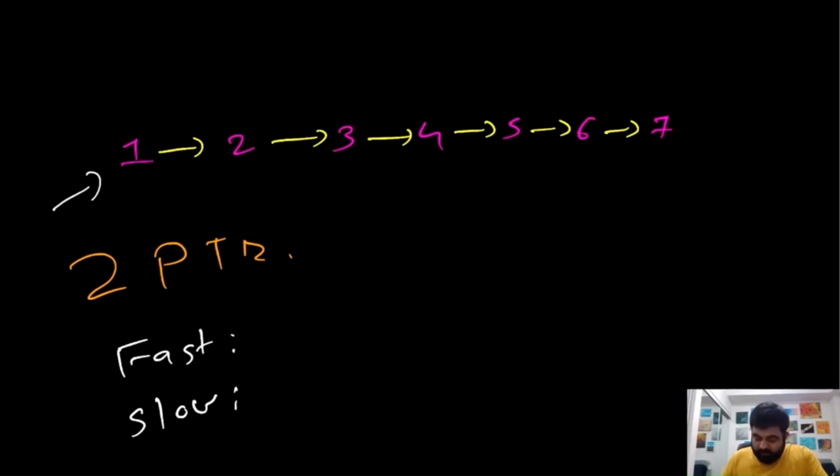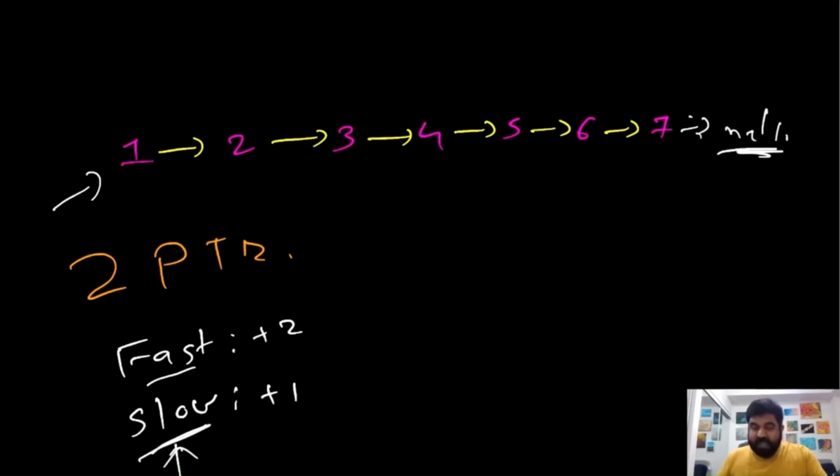So slow is going to do 1 iteration, meanwhile fast is going to jump by 2 steps, and we only need to do this until fast reaches null or fast.next reaches null. The moment it reaches this point, whatever the value slow pointer is at would be the middle point of the given list, and we need to return that. Confused? Let me show you how it would work.